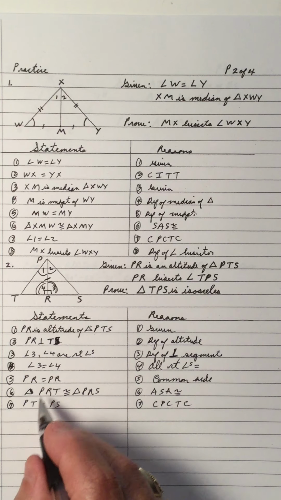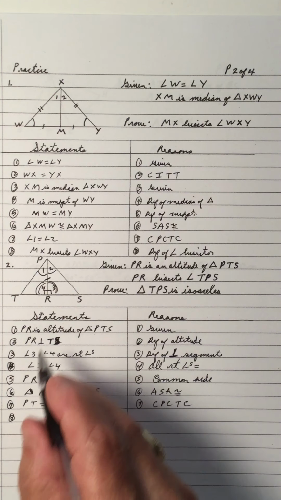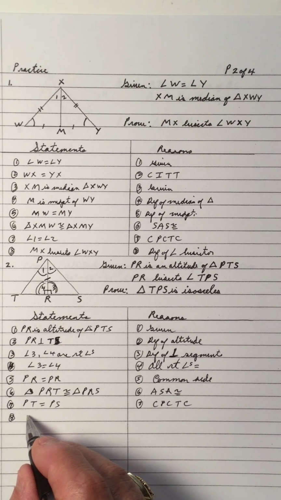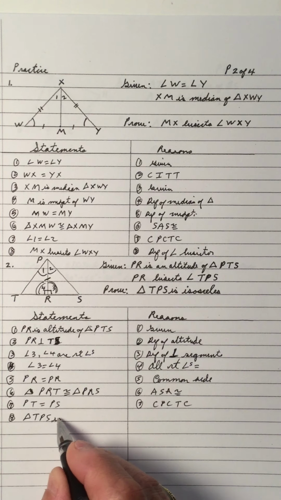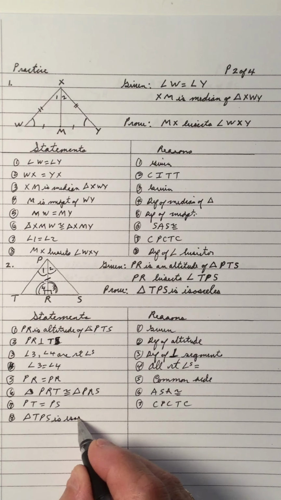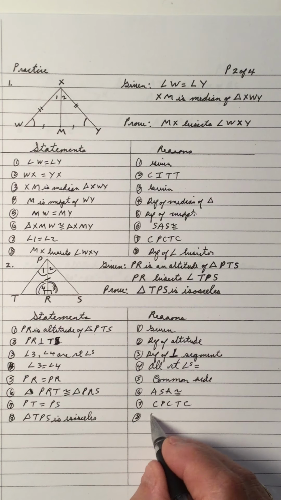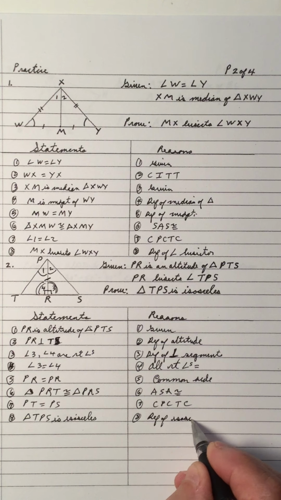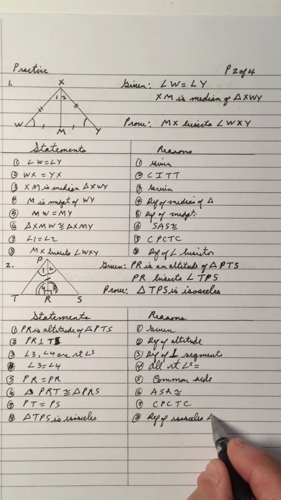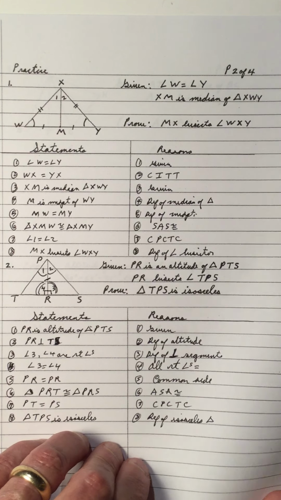Congruent parts of congruent triangles are congruent, and because they're equal, that means that triangle TPS is isosceles because we have the two sides equal. That's the definition of isosceles triangle. Okay, let's continue.